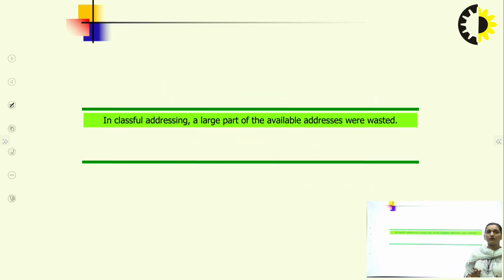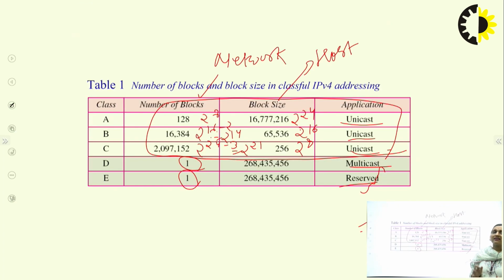In classful addressing, suppose I don't need this many hosts in my network, 16 lakh hosts. If this is not my need and I only need 2 lakh, then only 2 lakh will be assigned, but the block has a 16 lakh capacity, so 14 lakh are wasted.